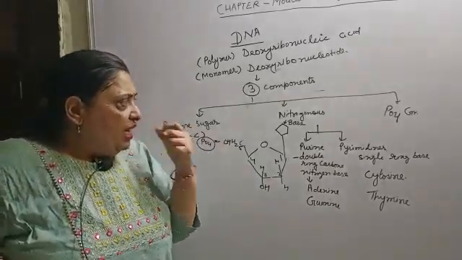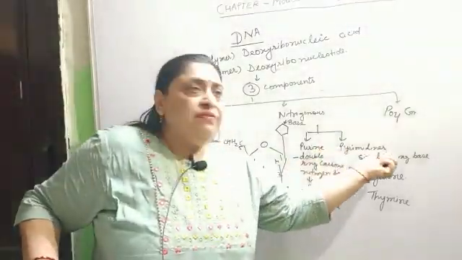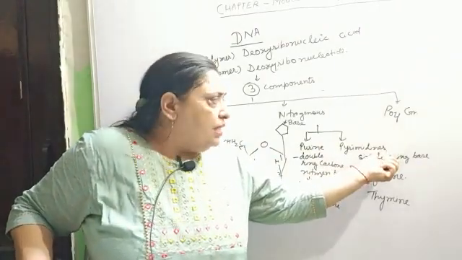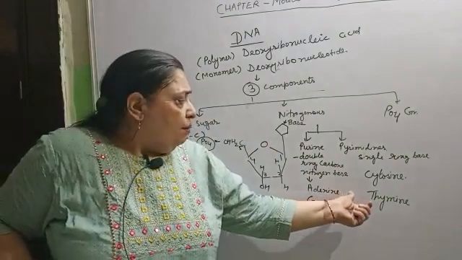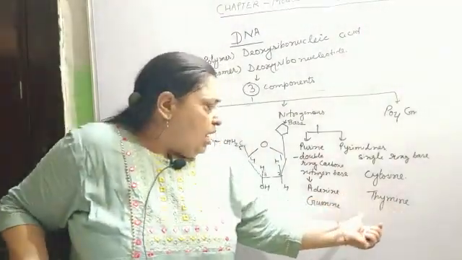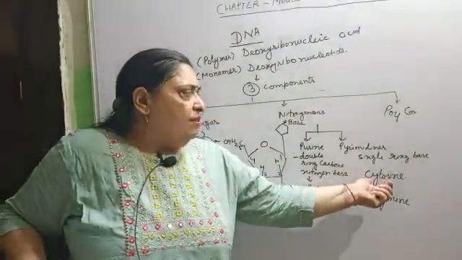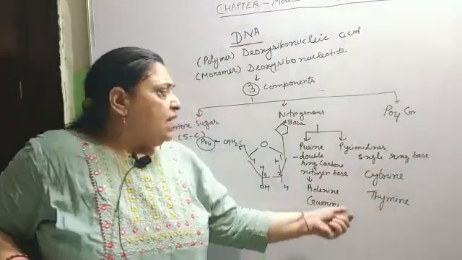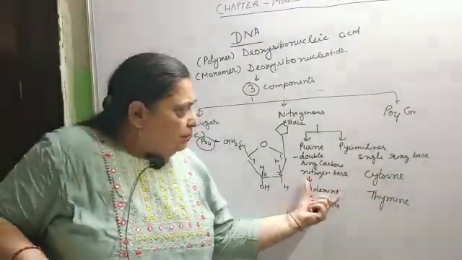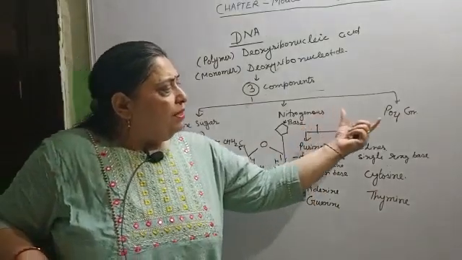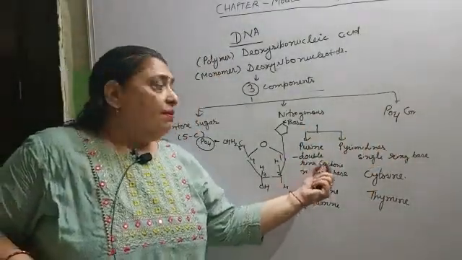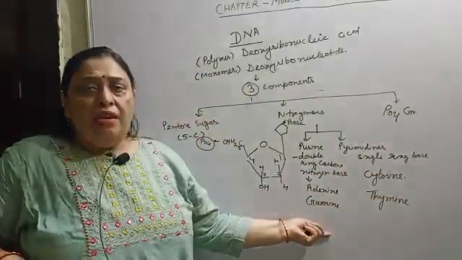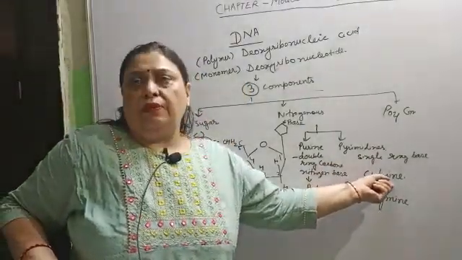Now always a purine will pair with a pyrimidine. We will study this later on. Here adenine will pair with thymine and guanine will pair with cytosine.